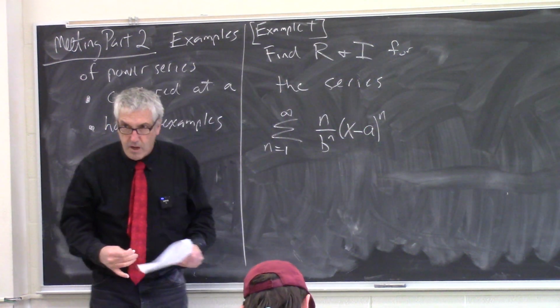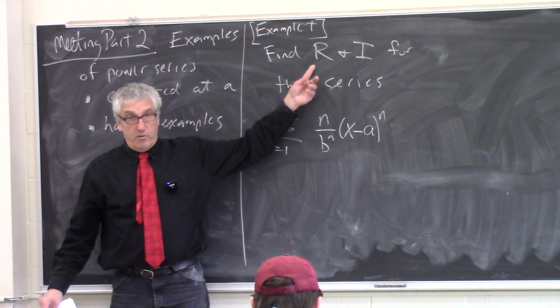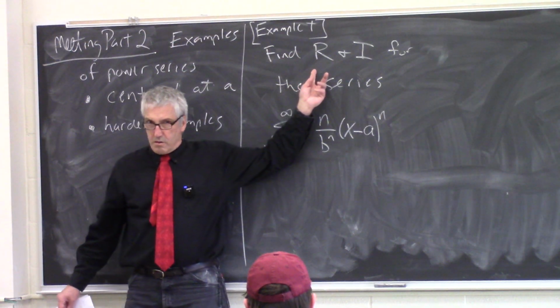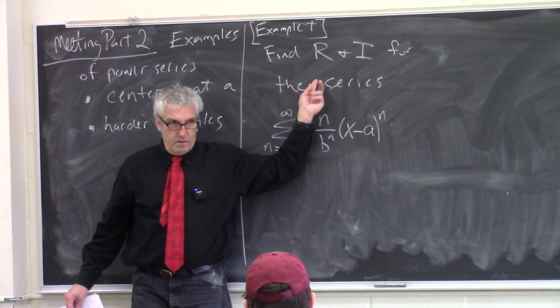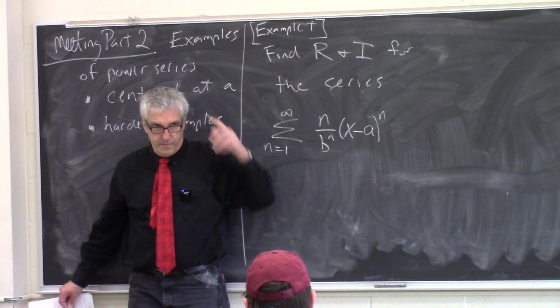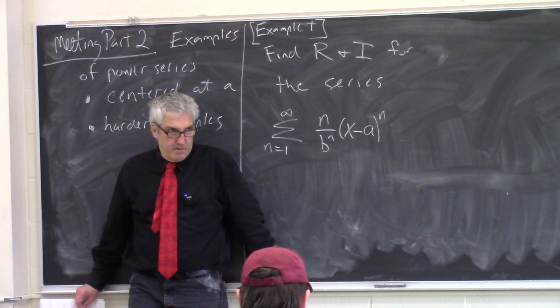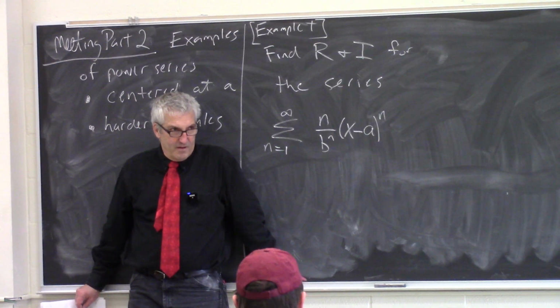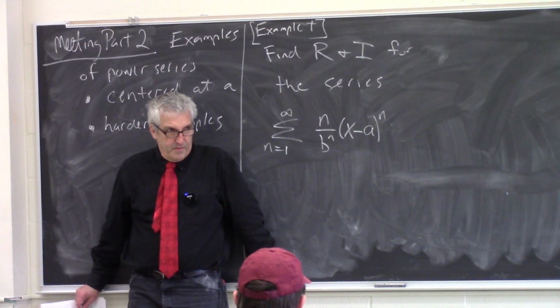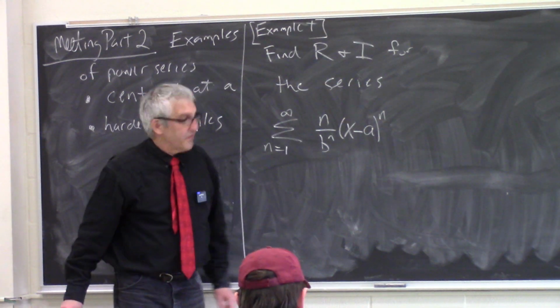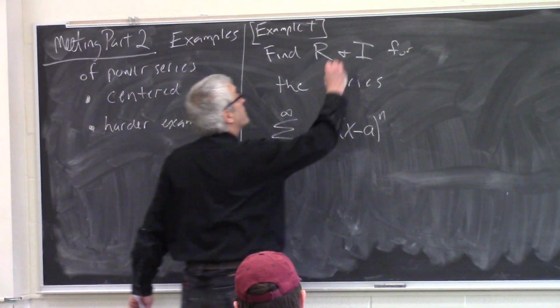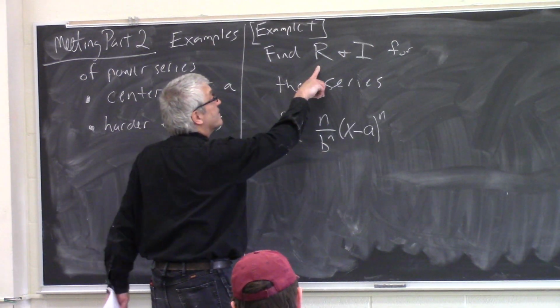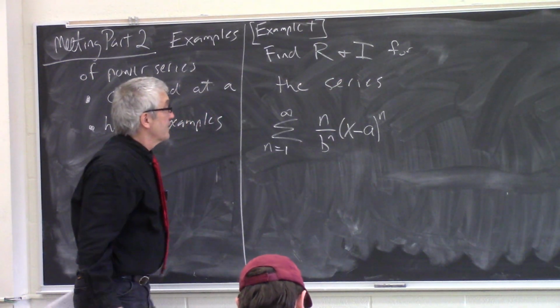All right, who can help me out here? Raise your hand if you know what I'm referring to when I say R, and what am I referring to when I say I? Cassidy? Yeah, radius of convergence and interval of convergence. The radius of convergence and the interval of convergence.